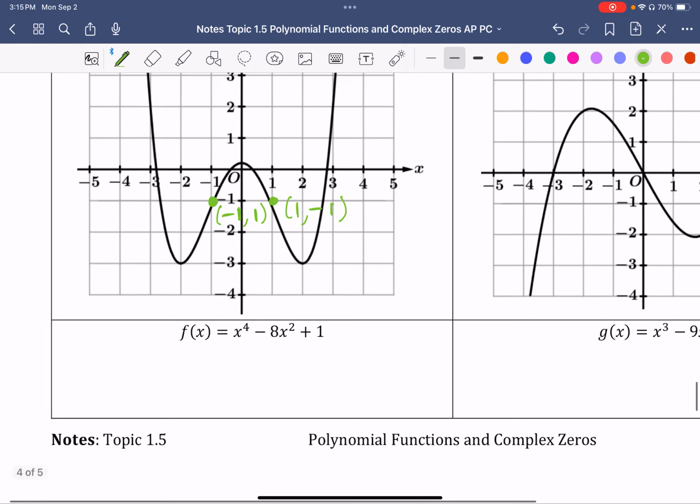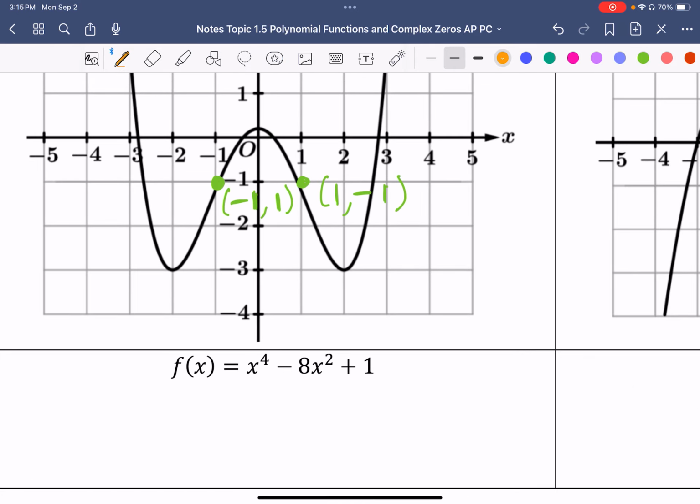Okay, so if you look at these points, I have -1 for x, and then it switched to a +1. Okay, so for my x values, I have opposite signs. It's still the same digit, it's still 1, it's just that one is a +1 and the other is a -1.